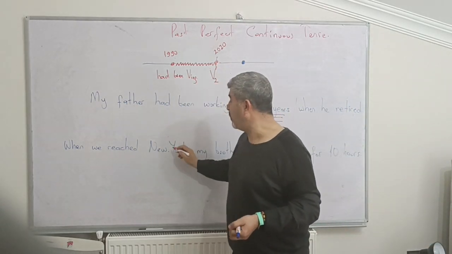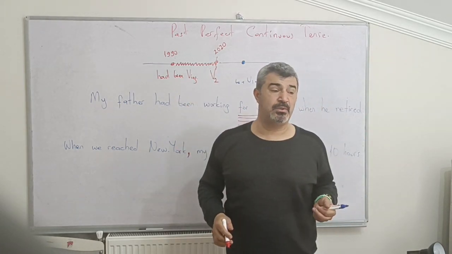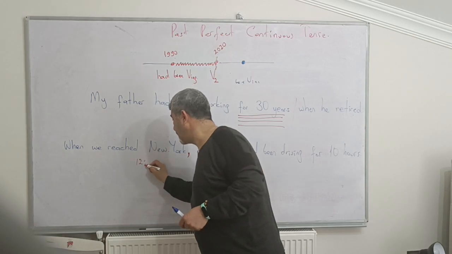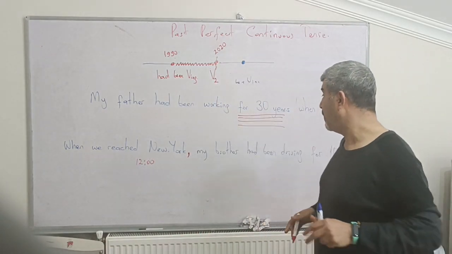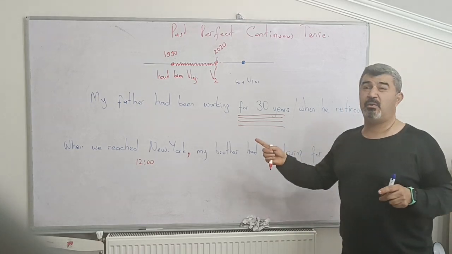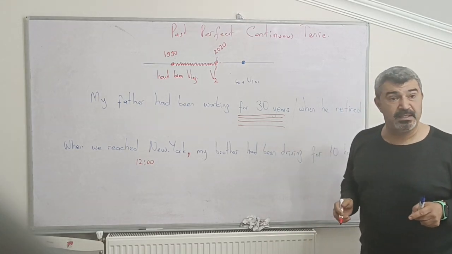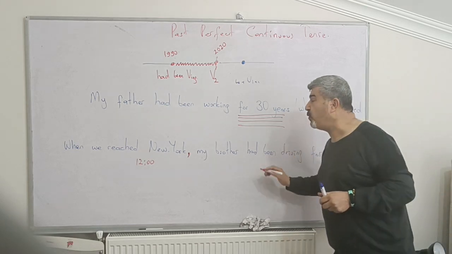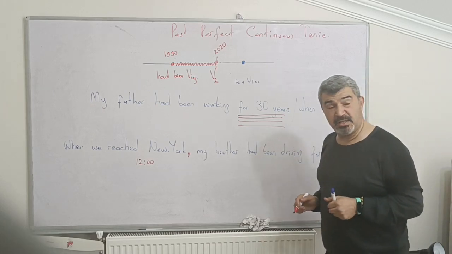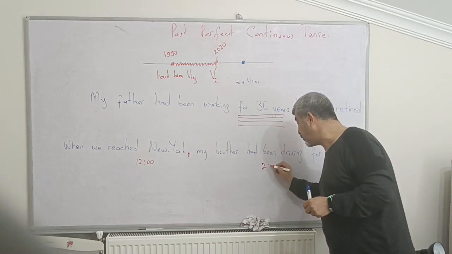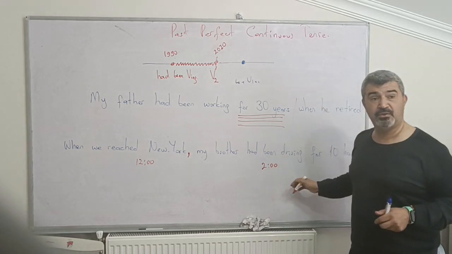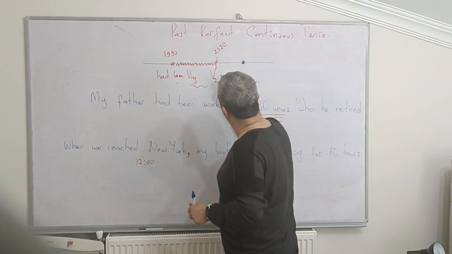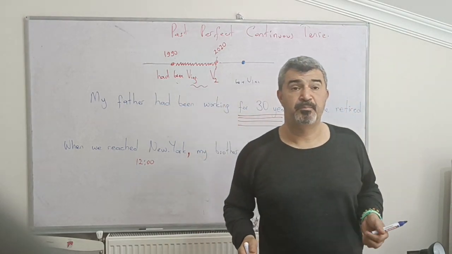What's that? When we reached New York. What time did you reach New York? Let's say you reached New York at 12 o'clock at noon. My brother had been driving for 10 hours. So he started driving at 2 a.m., and he had been driving for 10 hours.